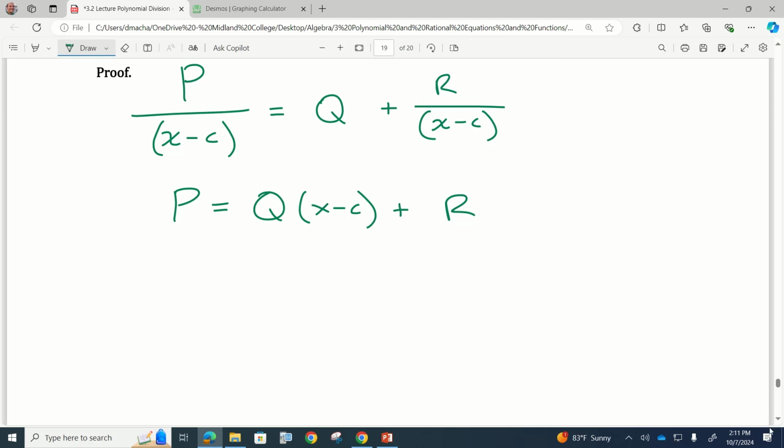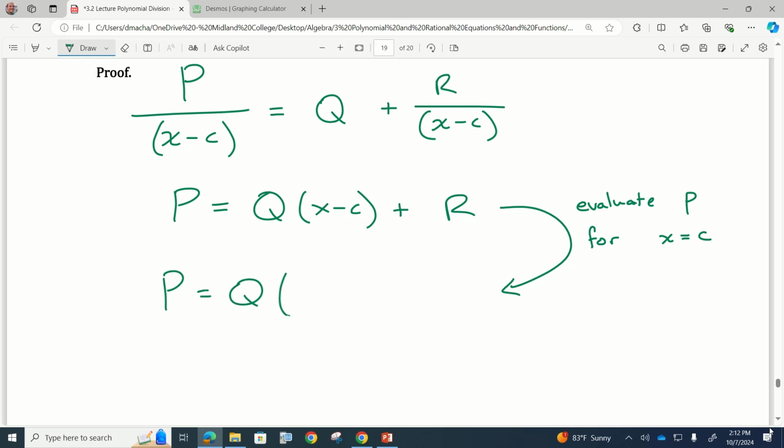And the next step is to say, I want to evaluate this polynomial for x equals that constant c. And that means I take my formula for this polynomial, and this time I replace the x's with a c everywhere I see an x.